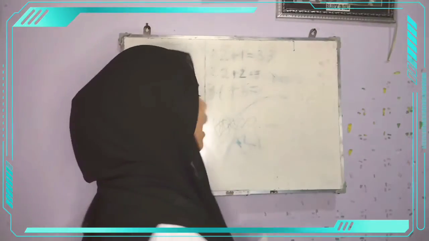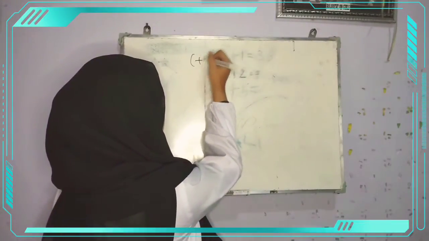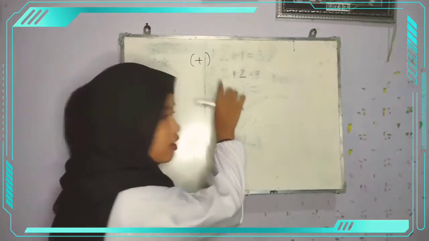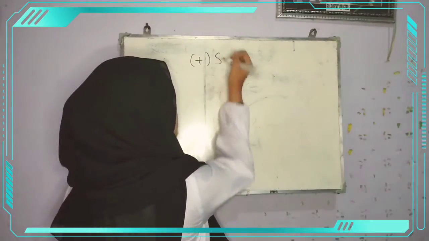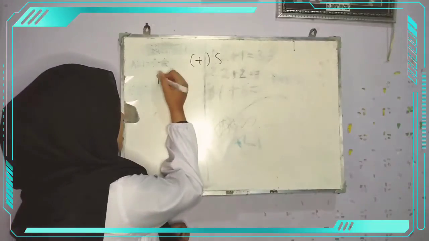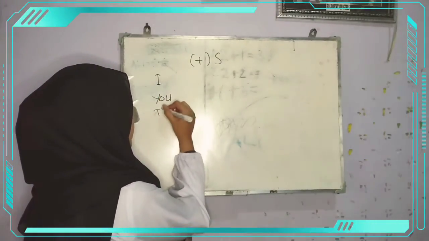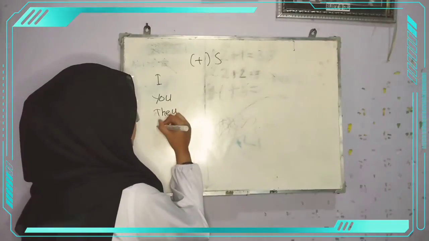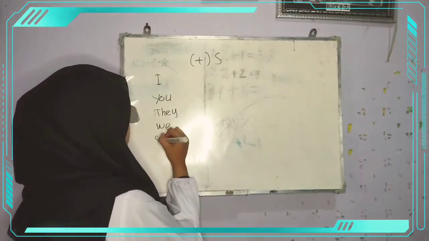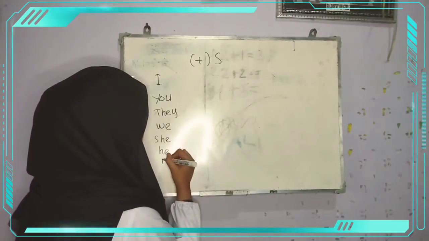So what are the patterns? Okay, I will give you the patterns. The first pattern is the positive pattern. In positive, you have a subject, which is I, you, they, we, she, he, and it.